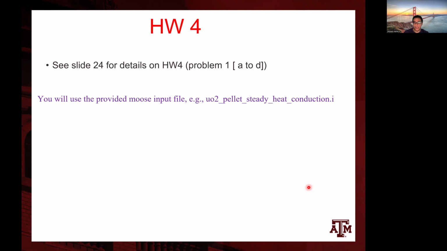And then also a little bit about the background and the physics of the problem, and also about how to modify the input file so we can run a couple of simulations to do some kind of parametric study and understand how changing some of the material properties changes the output, and how that demonstrates our understanding of the physics of this problem.